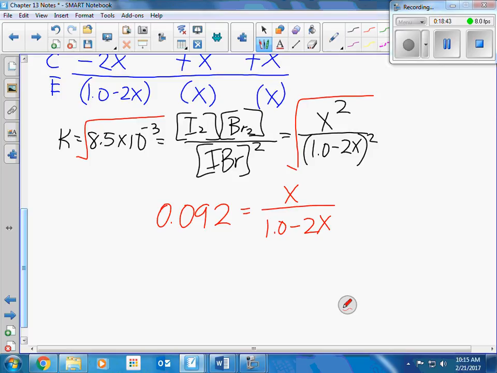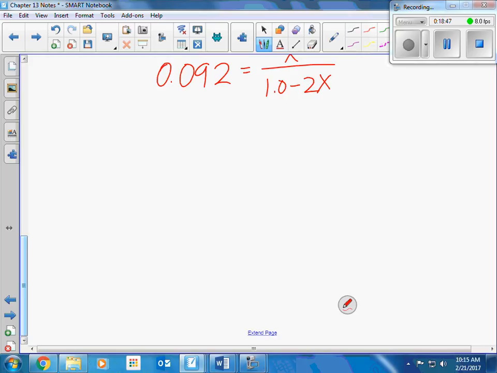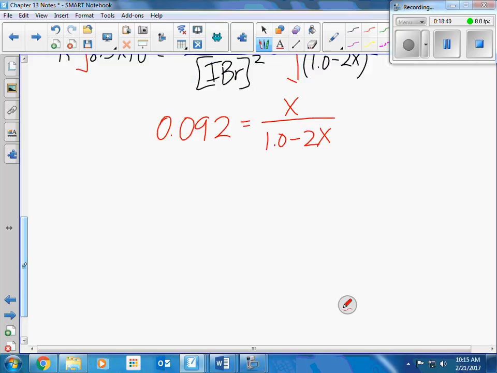Is that right? Okay, then let's cross multiply. So I would get this times that is 0.092 minus 2 times 0.092 is what? Oh yeah, that's right. x.